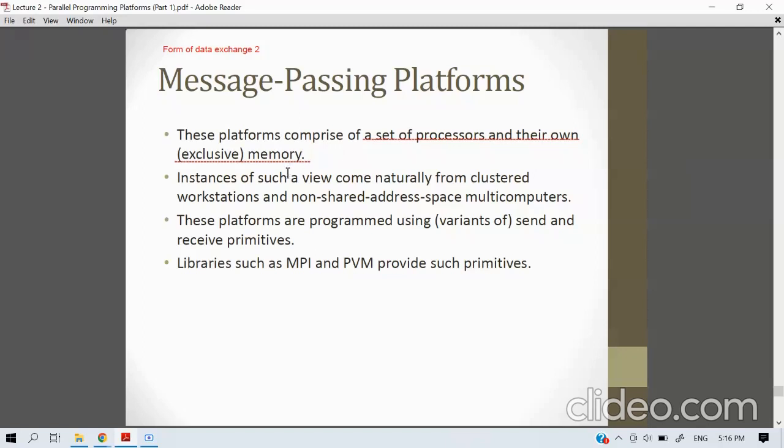Instances of such a view come naturally from clustered workstations and non-shared address space multicomputers. This is purposely designed for multicomputers, which consist of more than one computer. These platforms are programmed using variants of send and receive primitives. Libraries such as MPI and PVM provide these primitives.